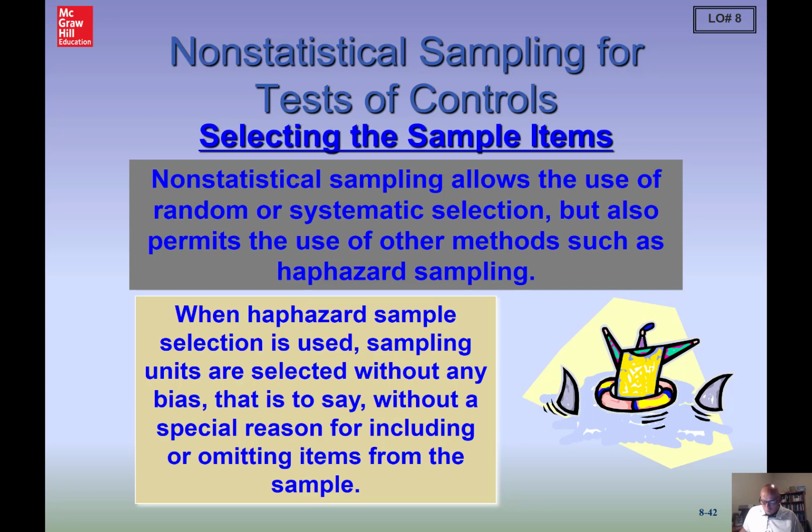The standard allows the use of random or systematic selection, but also permits haphazard, saying that we're just going to look at every fifth item, or we're just going to throw the cards in the air and pick the ones that come down. Could be considered haphazard. Okay, not the best method. We're really looking for random when we do these things.